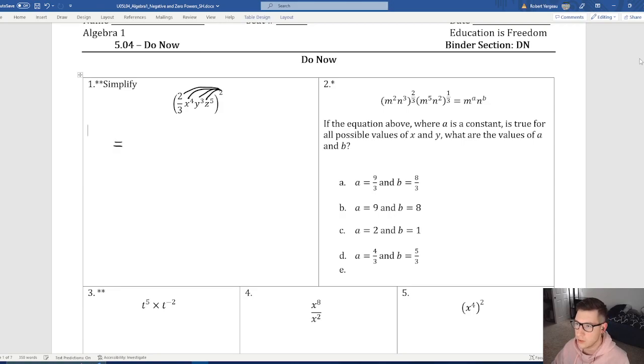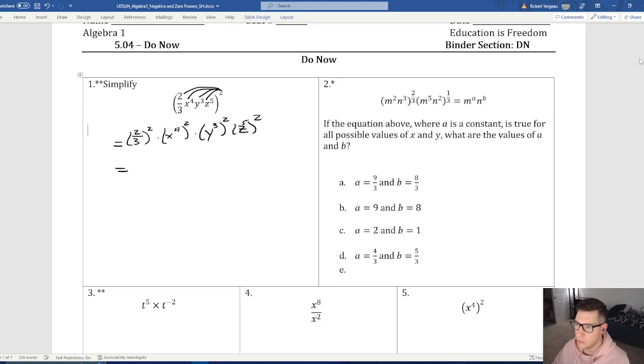And so if we write this out, we're going to have 2/3 squared times x to the 4th, I'm going to write this all out, squared times y cubed squared times z to the 5th, there it is, squared.